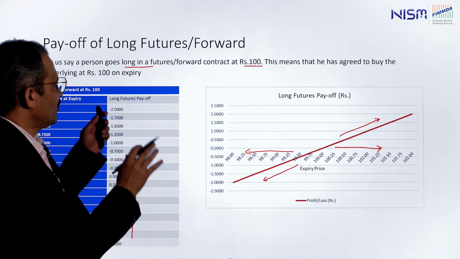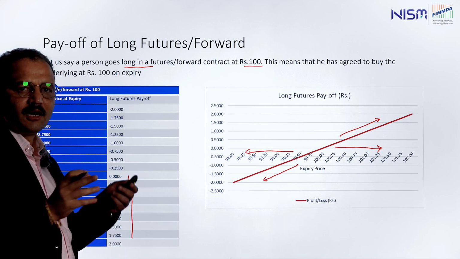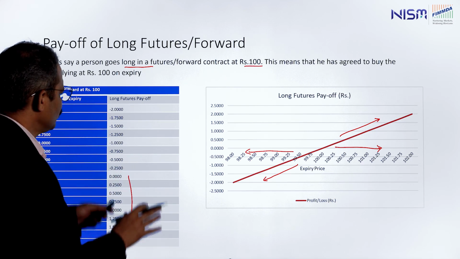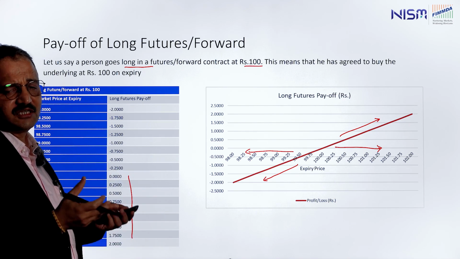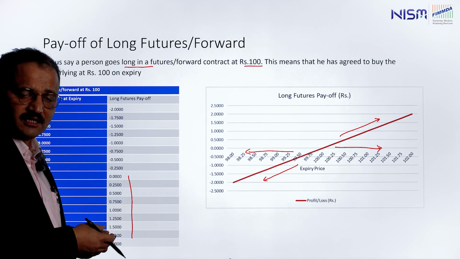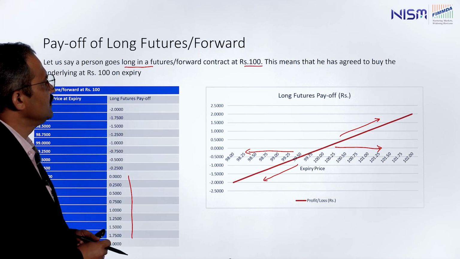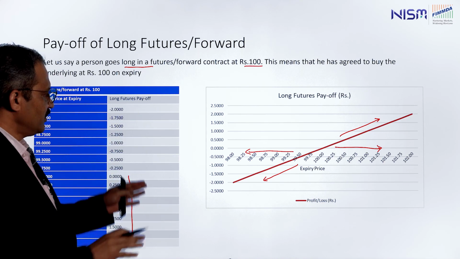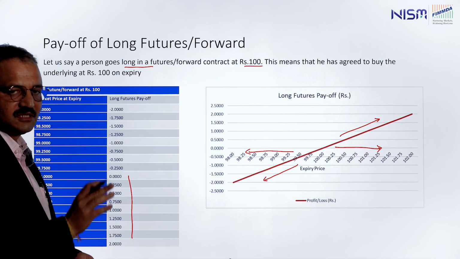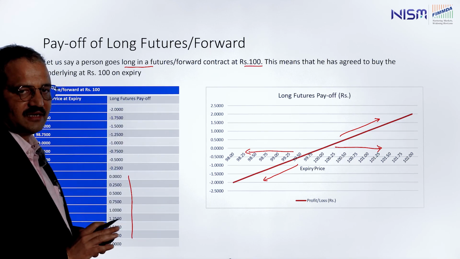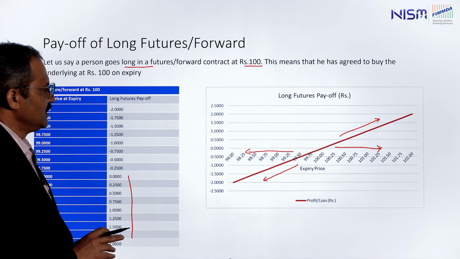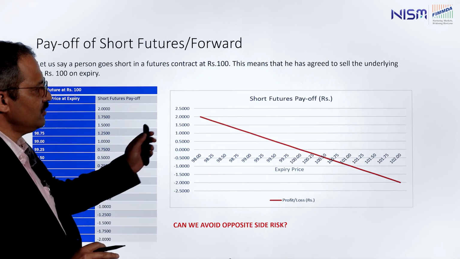So that is basically a limitation of futures. In case of a future or forward, there is always an opposite side risk. Whether it is interest rate futures or any other future, if you are trading a bond future or a bond forward, this is the payoff matrix for a long future, and similarly there will be a payoff matrix for a short future.